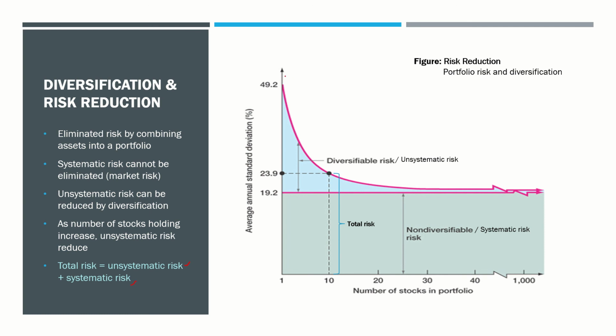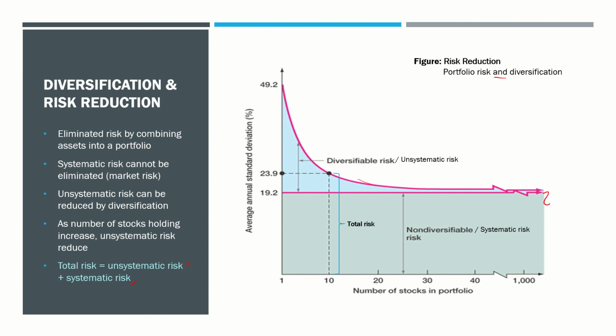Jadi bila kita tengok dalam gambar rajah ni, portfolio risk and diversification, ini adalah line annual standard deviation. Dan ini adalah number of stocks in portfolio. Berapakah jumlah aset yang kita laburkan? Jadi lagi banyak aset yang kita laburkan, maksudnya dia punya unsystematic risk ni akan berkurangan sehingga menuju kepada systematic risk.